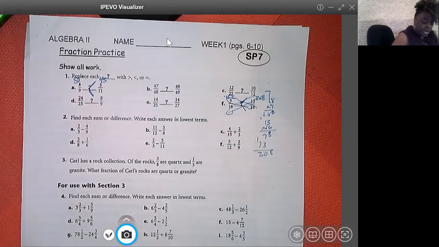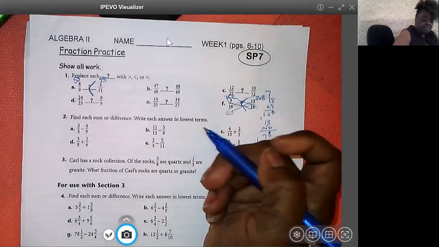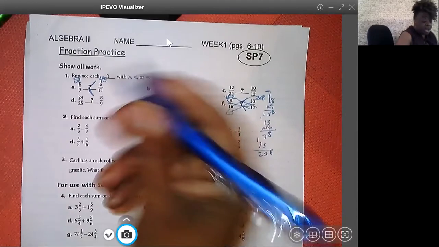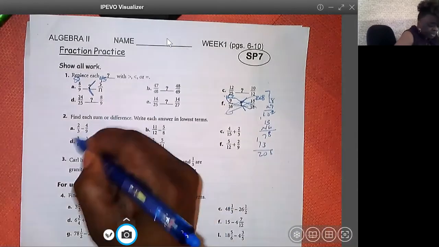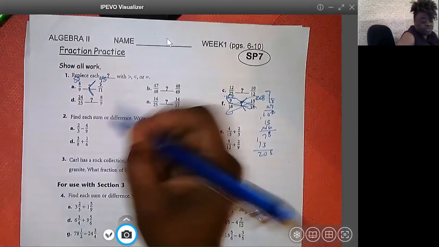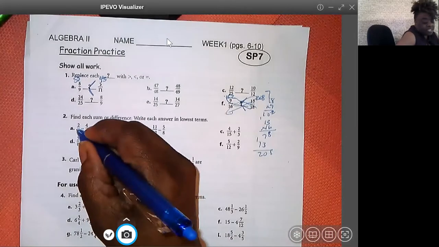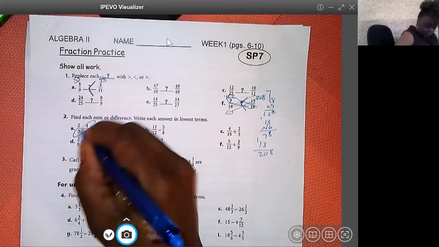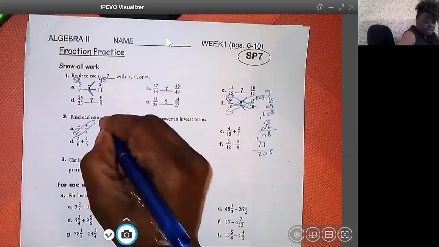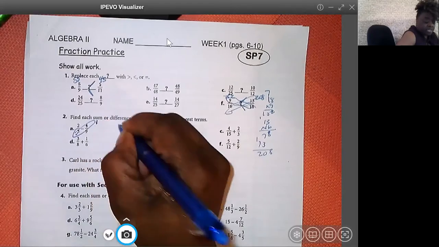Next, we have finding the sum and differences, and then placing them in lowest terms. As we did earlier this week, one way of adding and subtracting fractions with different denominators is the butterfly method, where you take 3 times 4, and it gives you 12.